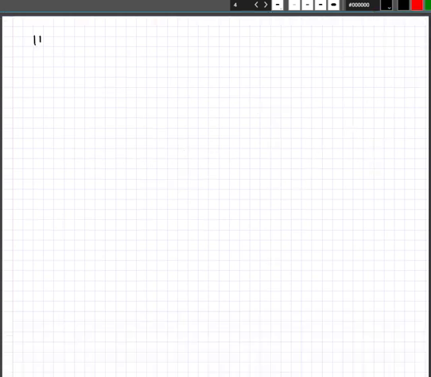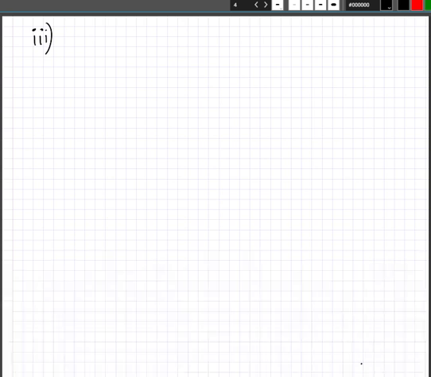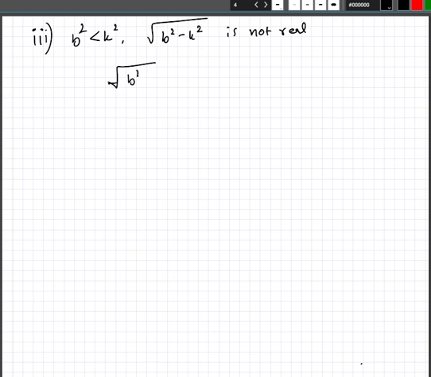Next case is a bit lengthy one because we get into some problem there. If B square is less than K square, square root of B square minus K square is not real, or it is imaginary. So for that what we do is we write it as square root of minus 1 into K square minus B square.